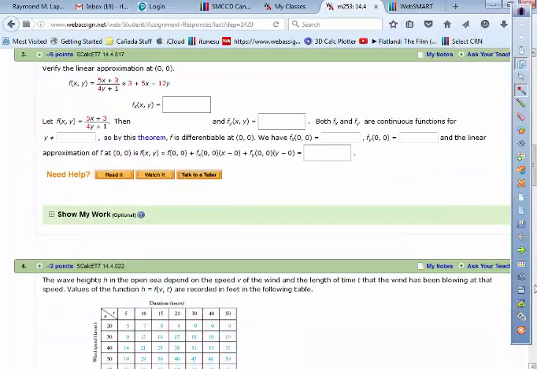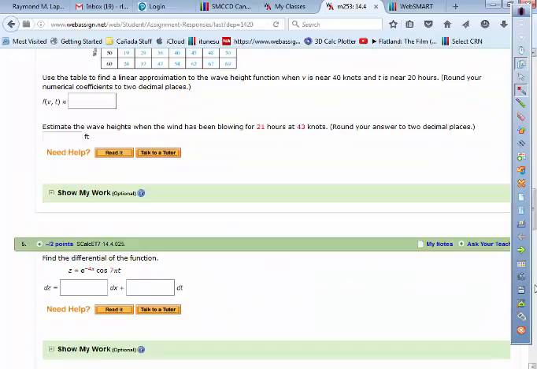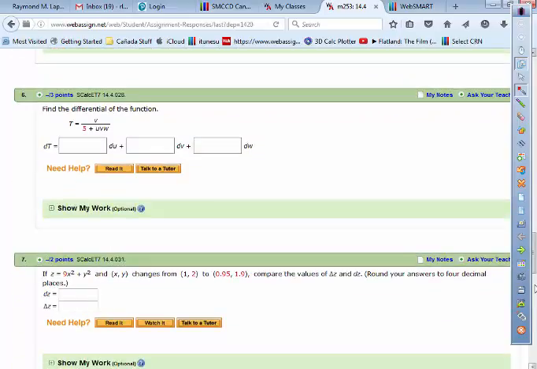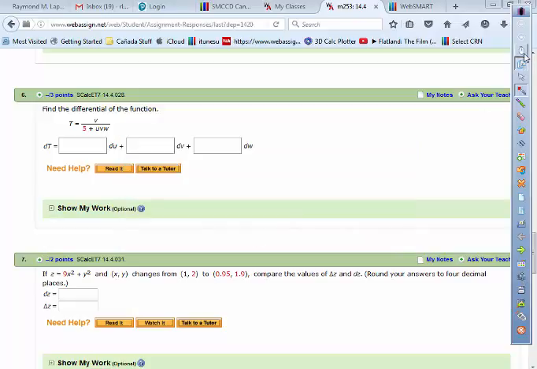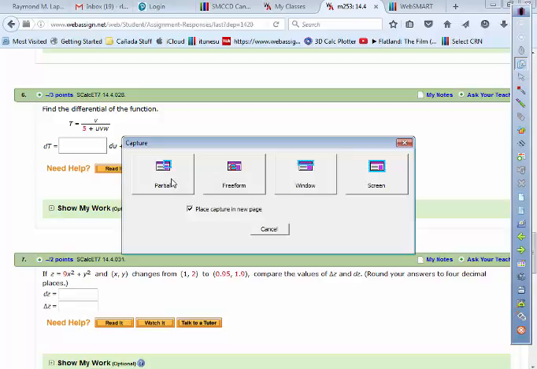Yeah, but there's no approximation part there. Let's try number 7. We haven't talked about dz, but let's change the question a little bit. But we'll use the same functions.